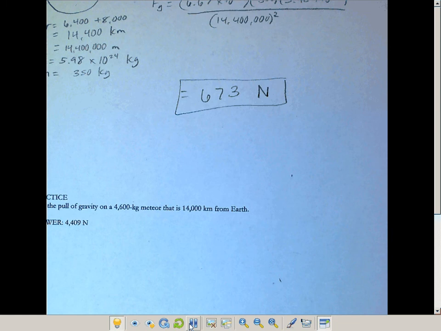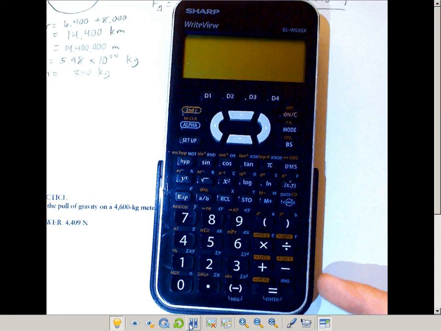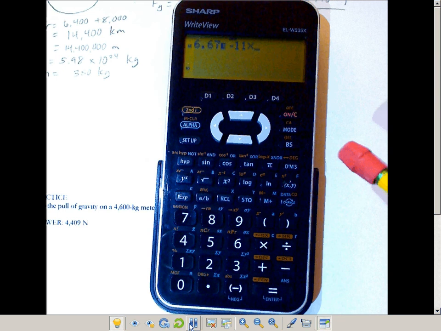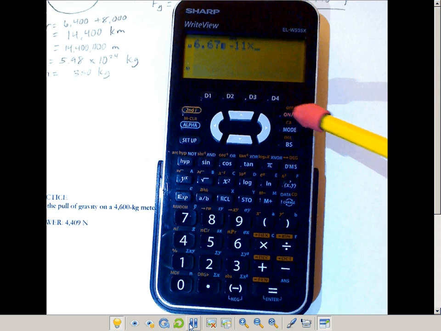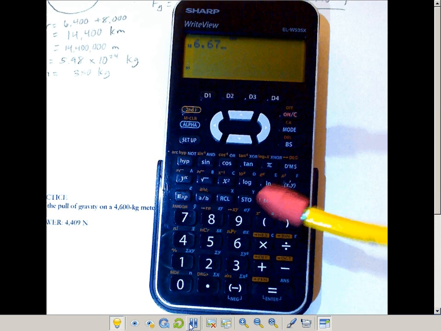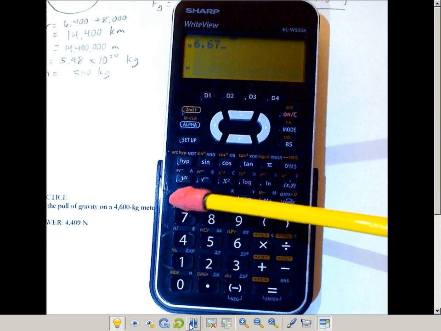Now I'm going to do this on a Sharp. I'm not very familiar with this one. We'll see what happens. I'm going to type 6.67. Here's my exponent button right here, EXP it's called. It's not a double E, it's an EXP.